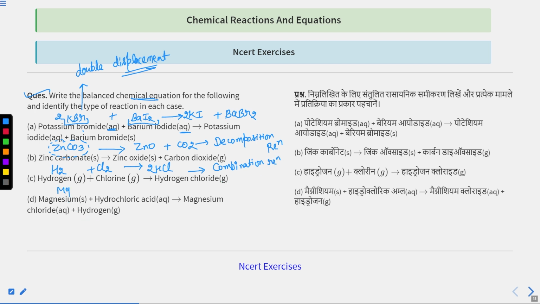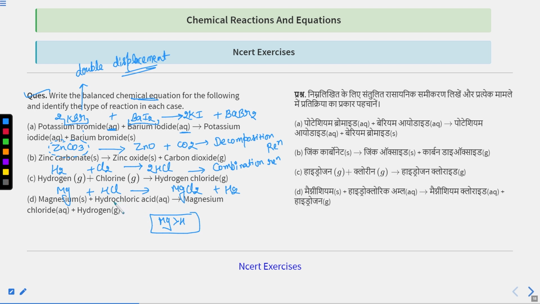Next is magnesium solid plus hydrogen chloride: metal plus acid gives salt and hydrogen gas. It will provide MgCl2 plus H2 gas. You know very well metal plus acid gives salt and hydrogen gas. So definitely magnesium is more reactive than hydrogen. That's why magnesium can displace hydrogen from its compound, which is HCl.